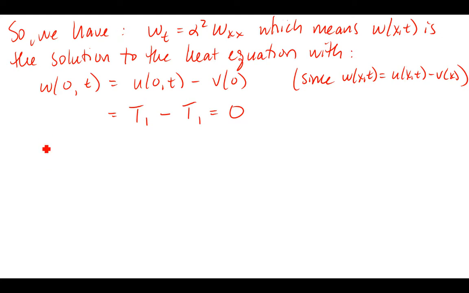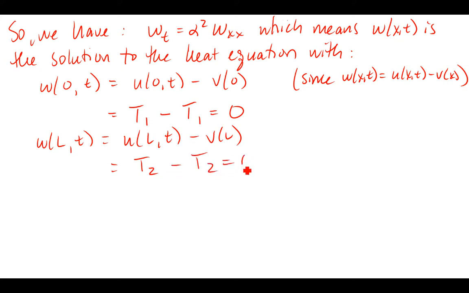And similarly, if I do the other end of the bar, I'll just fill this in for you. I get that, of course, but these are both T2, which means I am not in trouble here, because let me pull this all together.